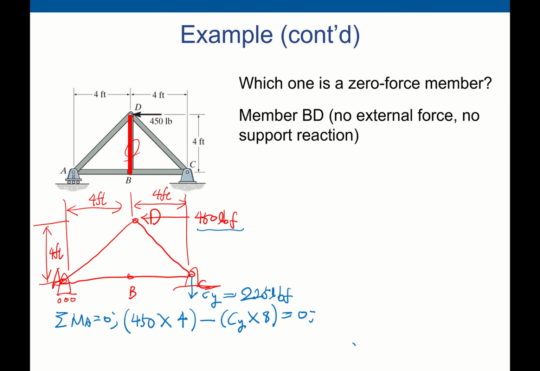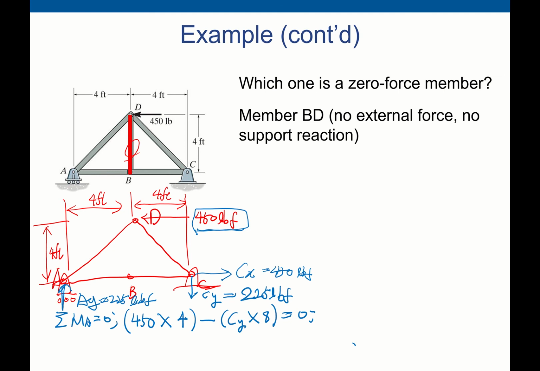Since Cy is 225 pound force in the downward direction, the support reaction at point A, which is Ay, should be in the upward direction with the same amount, 225. And there is another support reaction at point C, because C is pin jointed. Since this one is only associated with the x-axis direction, Cx should be 450 pounds.